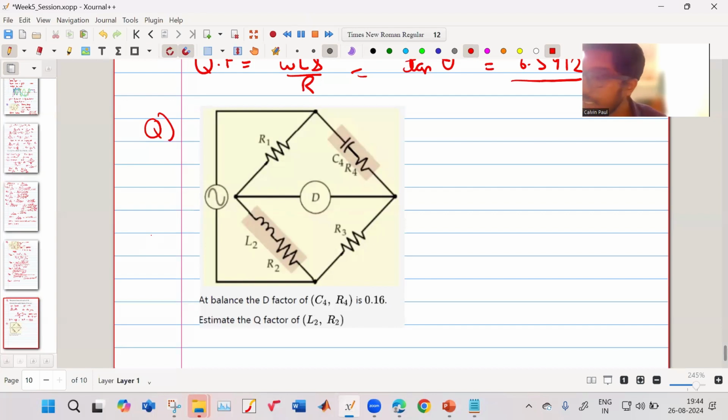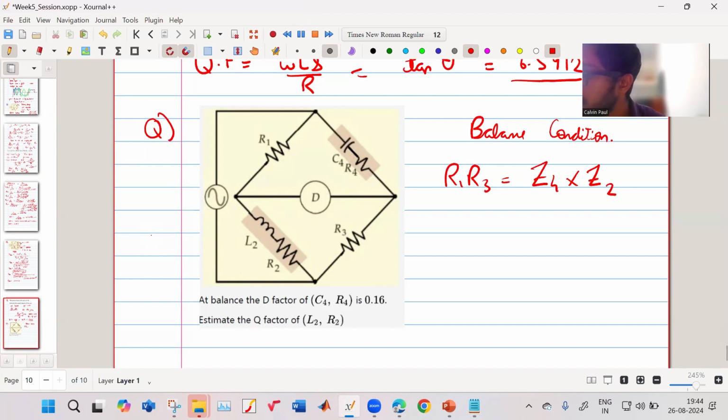So now at balance condition, what do we have? We have R1 into R3 is equal to Z4 into Z2, right?